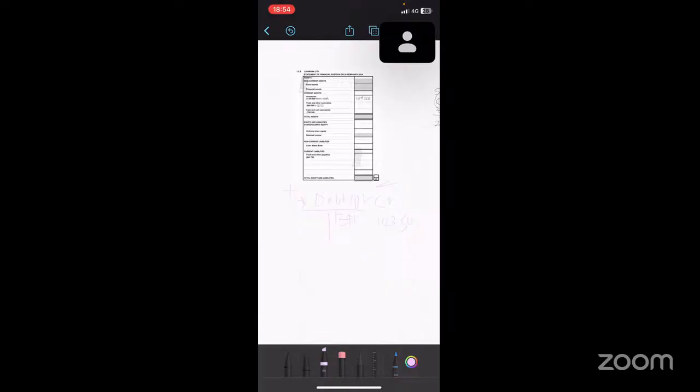Do you see that? So that means we are actually owing this debtor. Guys, do you see that?